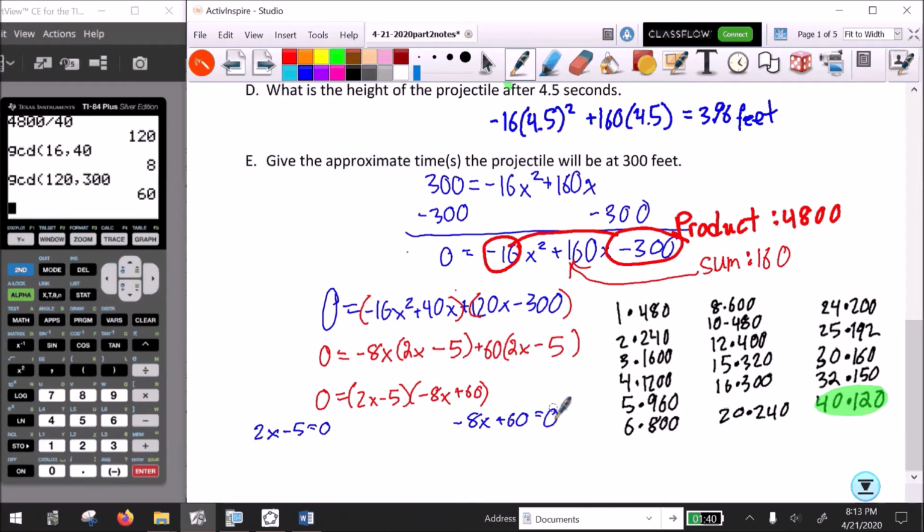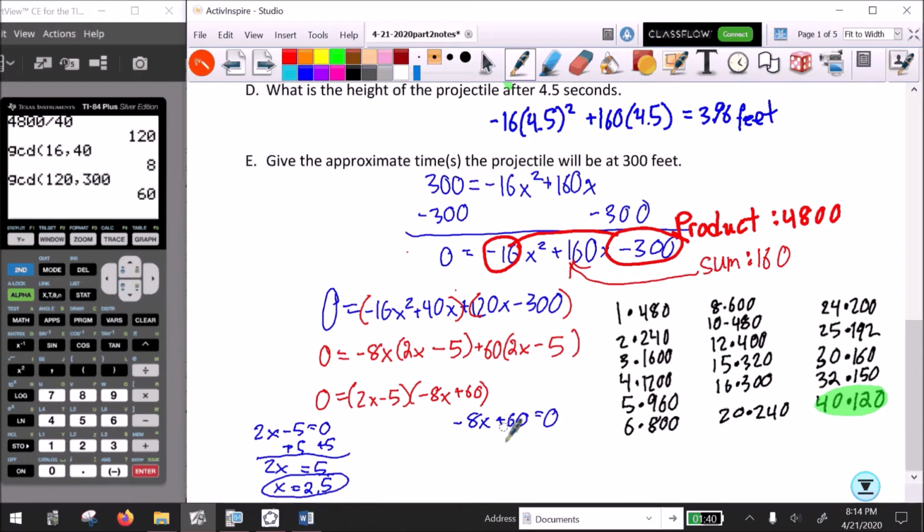Because the degree of this polynomial equation was 2, the fundamental theorem of algebra tells us this can have up to as many as 2 real answers, and this one does. I'm going to add 5 here. 2x is equal to 5. Divide by 2, and we get x is equal to 2.5. That's our one answer.